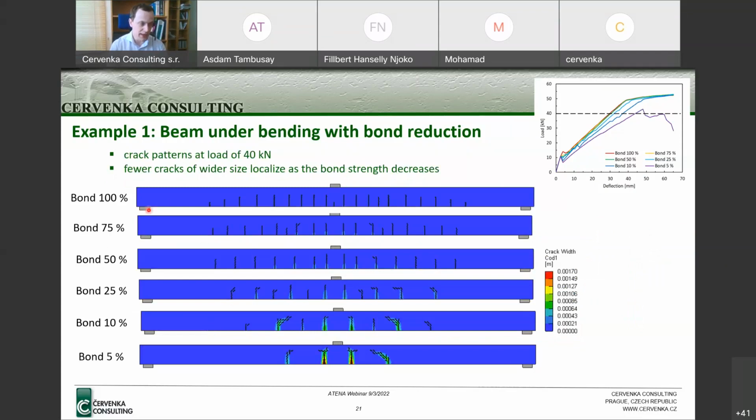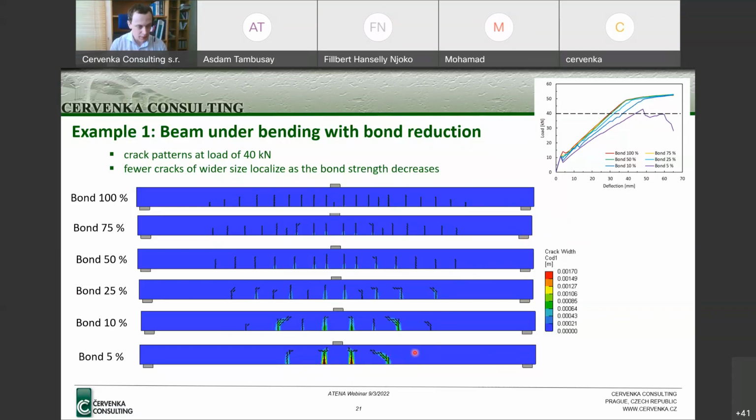When there is a good bond condition, there will be more cracks, which will be smaller in size, smaller in width. However, with the reduced bond, only a few cracks will localize, and they will be of wider width.